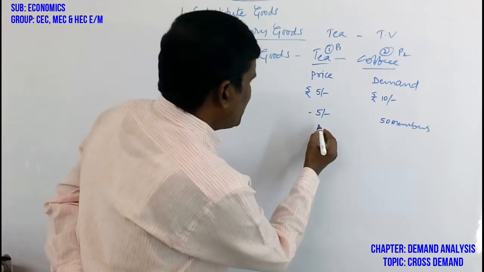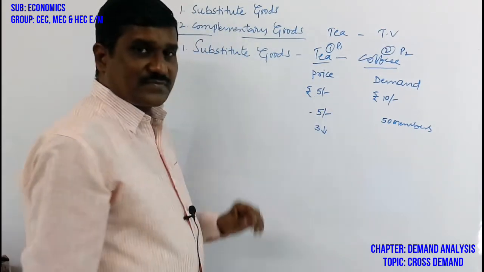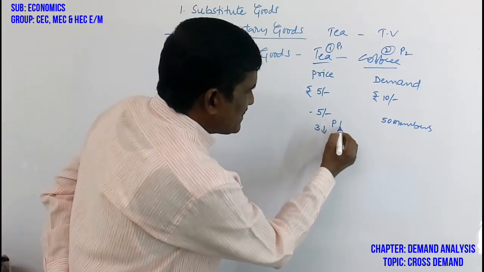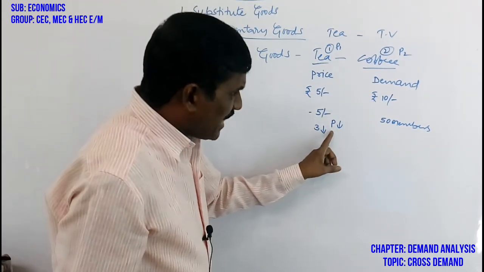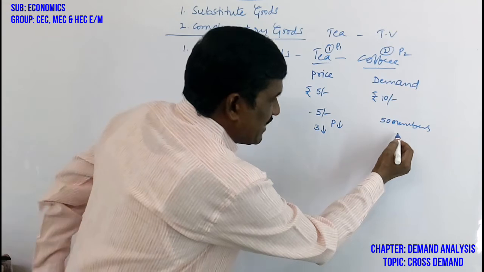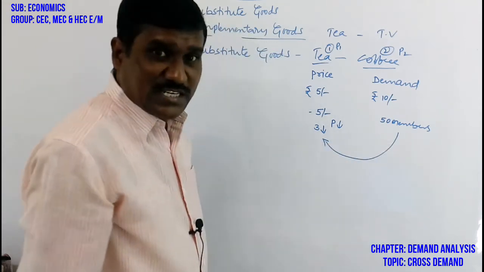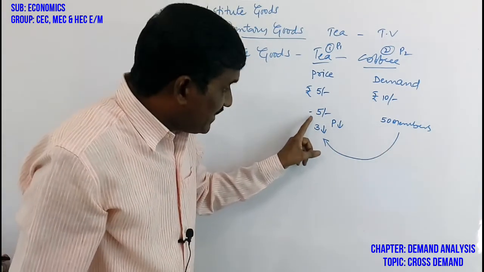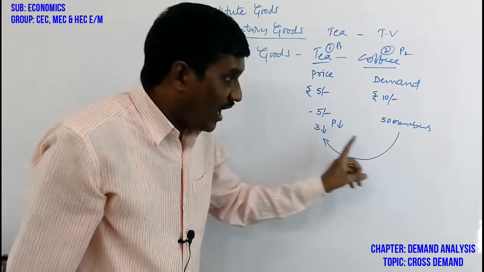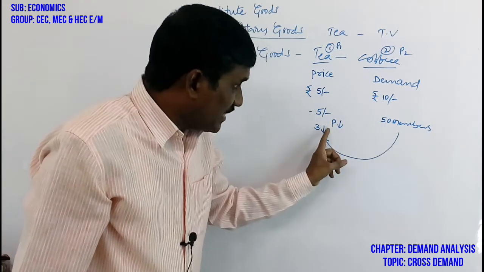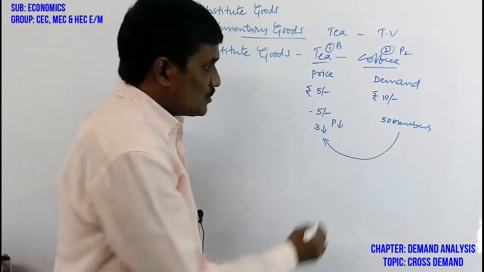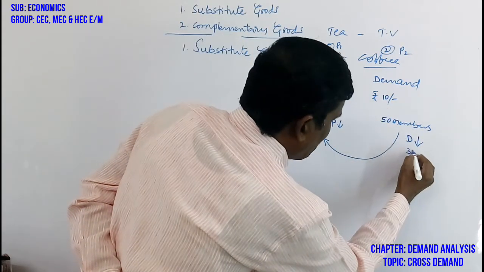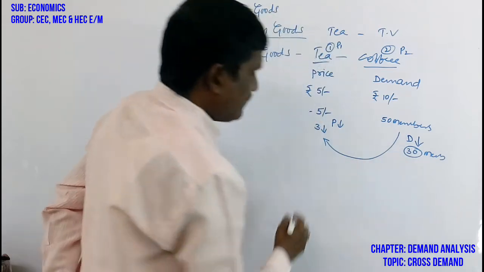For example, if the tea price decreases to 3 rupees, when the price decreases, automatically the people who are taking coffee convert to tea. Try to understand. Earlier, when tea was 5 rupees, 50 members drank coffee. Now the tea price has decreased, so the coffee drinkers stop drinking coffee and come to tea. So when the price of tea decreases, the demand for coffee decreases. Now only 30 members.